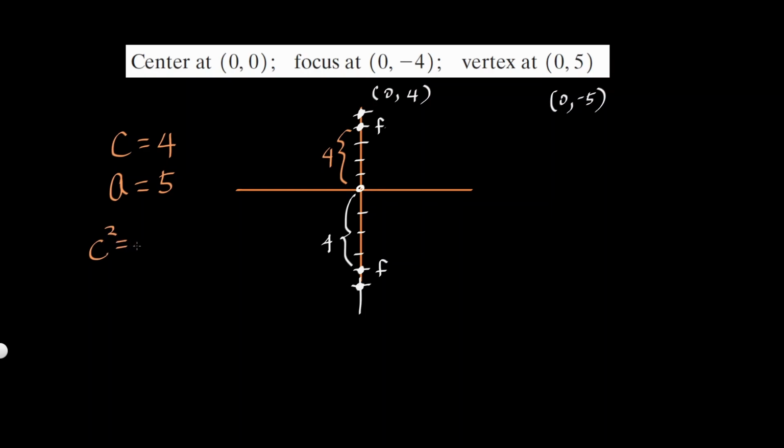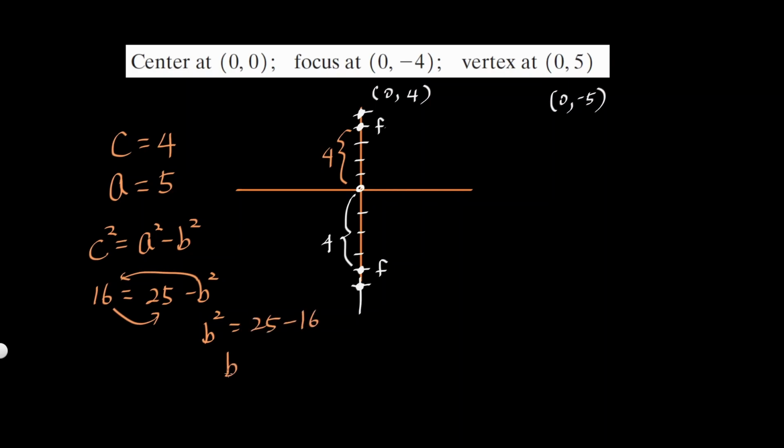So C squared is going to be A squared minus B squared. So we have C squared 16, 4 times 4, and then A squared 25 minus B squared. That means B squared is going to be, if you move it over there, 25 minus 16, and B is going to be 3, because this is going to be 9, square root that.